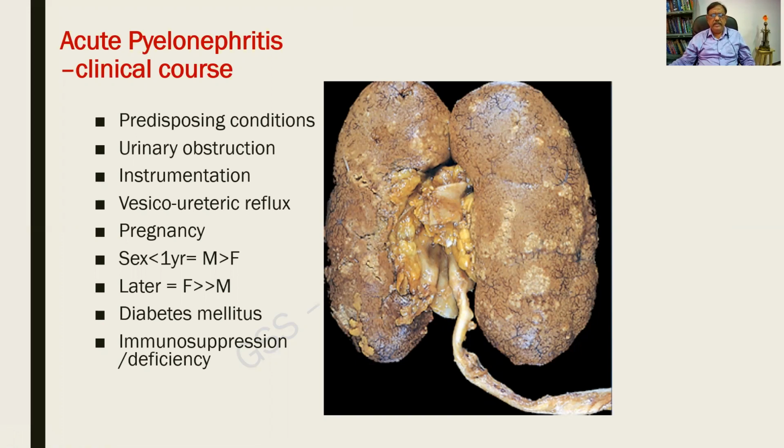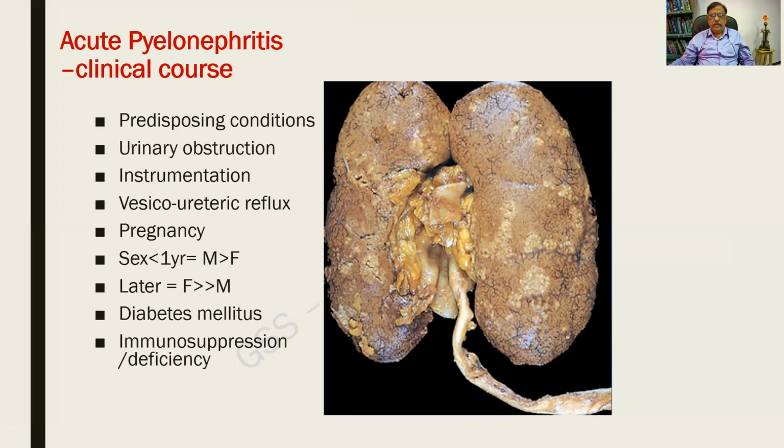Instrumentation, catheterization is something that is very commonly predisposing to a urinary infection. Vesico-ureteric reflux: from the bladder it ascends the ureter. This shall be explained in detail. Pregnancy, another condition where there can be an obstruction.